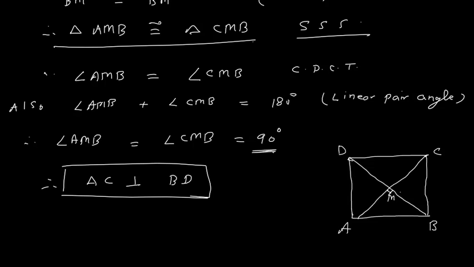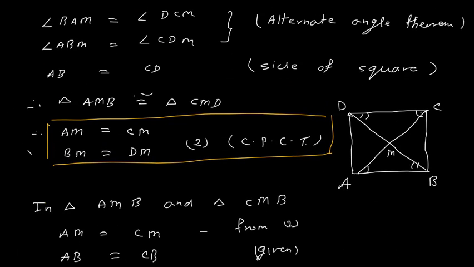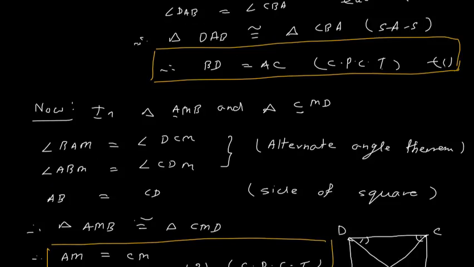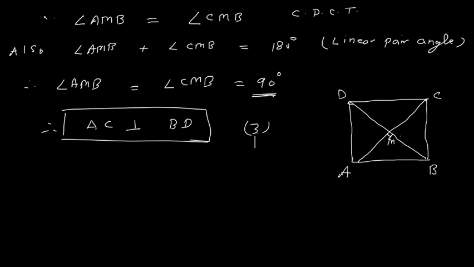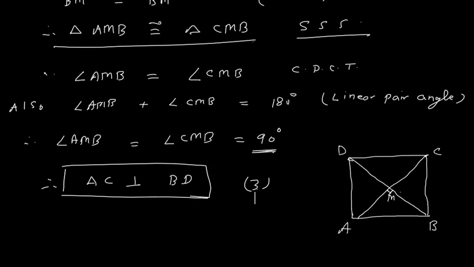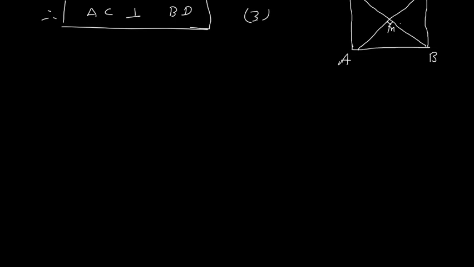So this is also proved. You can take this as the third equation. So we have proved that AM equal to CM, BM equal to DM. We have proved that BD is equal to AC, and we have proved that AC is perpendicular to BD. Hence, finally, I will say hence proved.